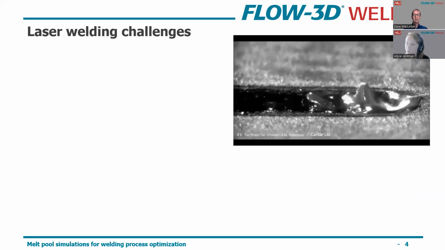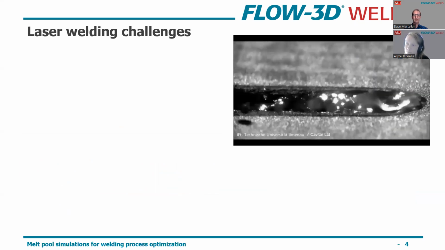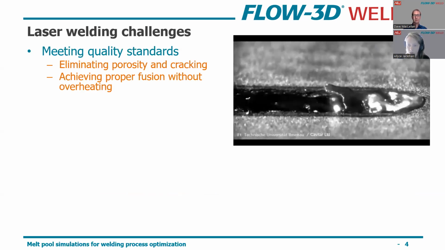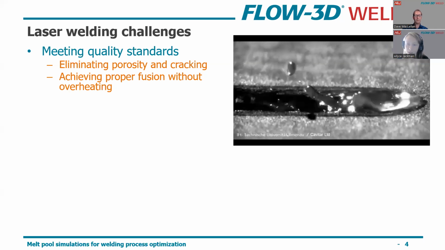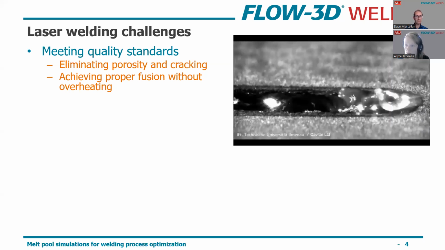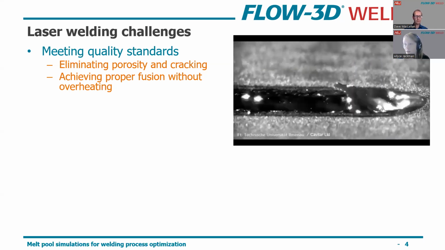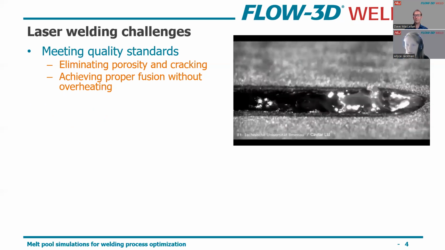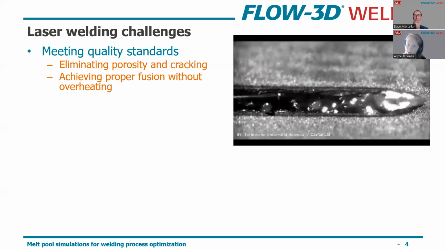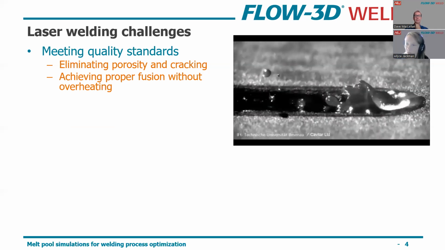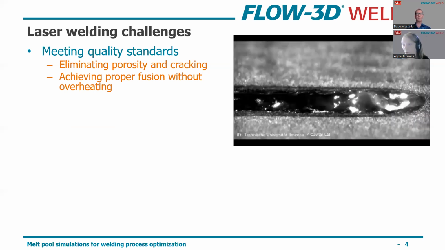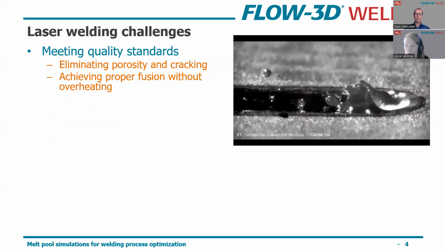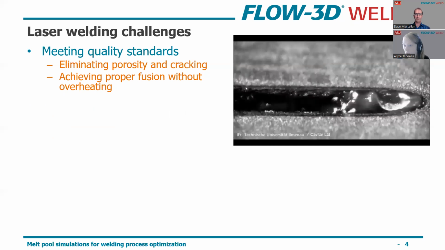So in terms of what we're trying to mitigate in a risk assessment here, we want to meet certain quality standards. So eliminating the obvious defects, porosity, cracking, but also achieving more tolerance-based aspects of the process. So you want to have proper fusion, you don't want to overheat and damage sensitive components, especially when you're dealing with electronics and battery manufacturing.